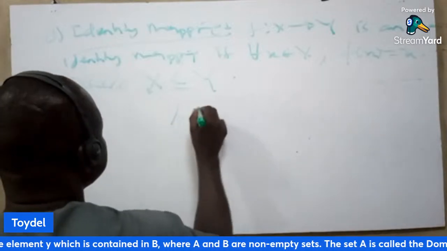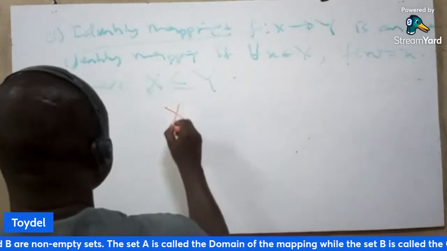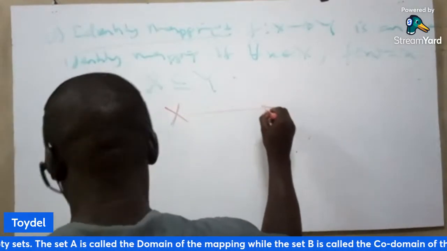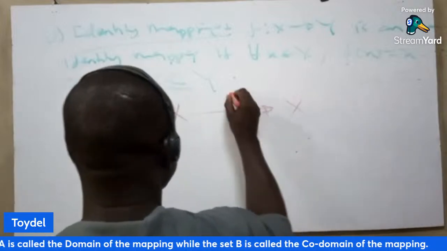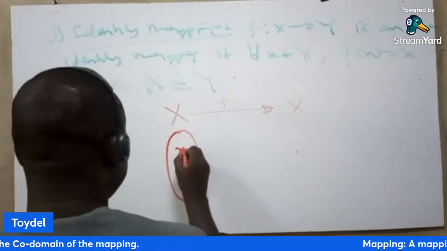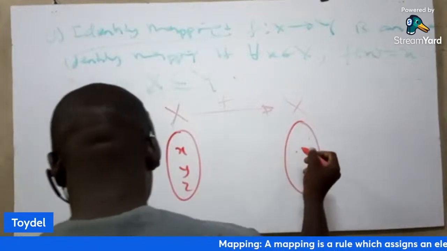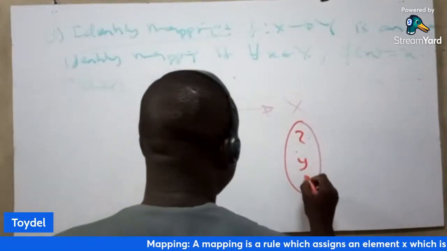That is, if we have X here, if you have X that takes elements to X, and this is f. Okay. So let's say the elements that we have here are x, y, z. We also have elements here, let's say z, y, x.